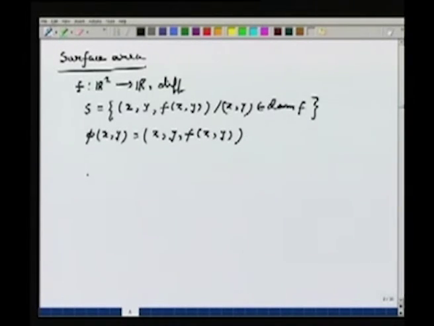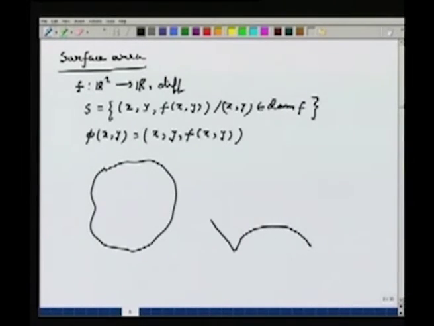So pictorially it would mean, suppose this is the domain and then the surface looks something like this.